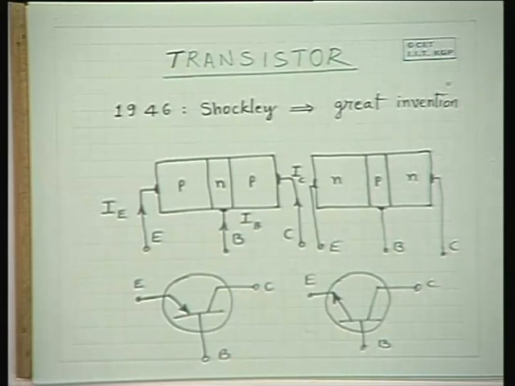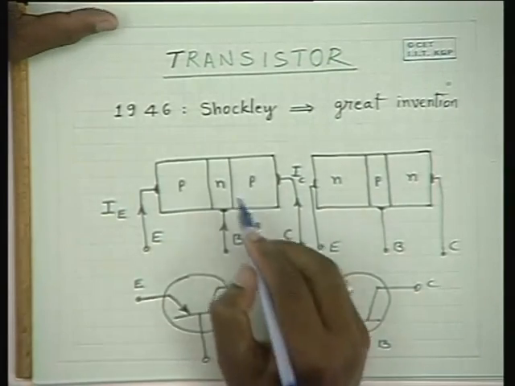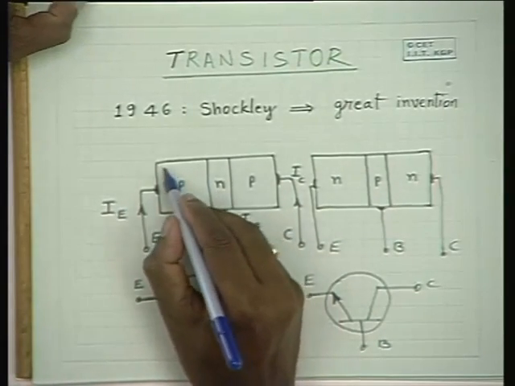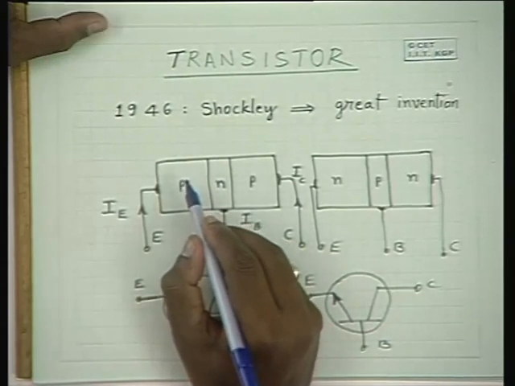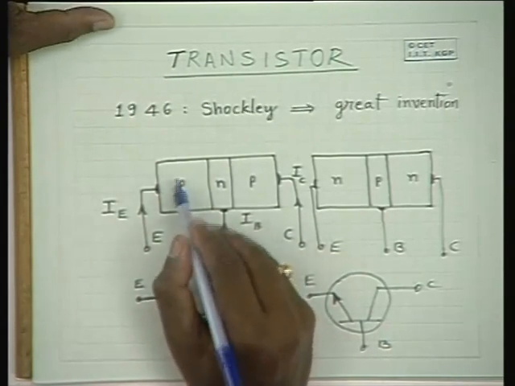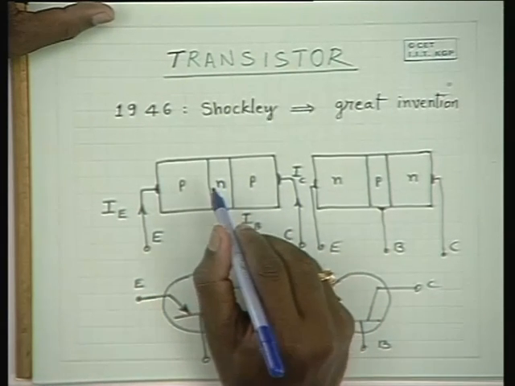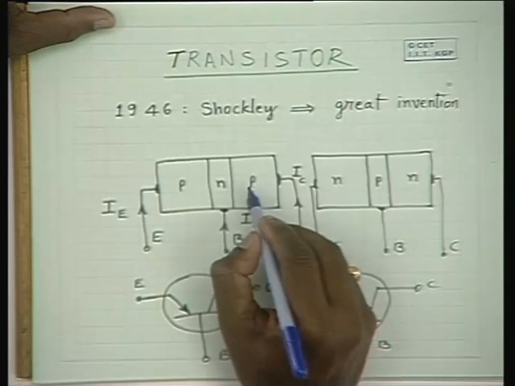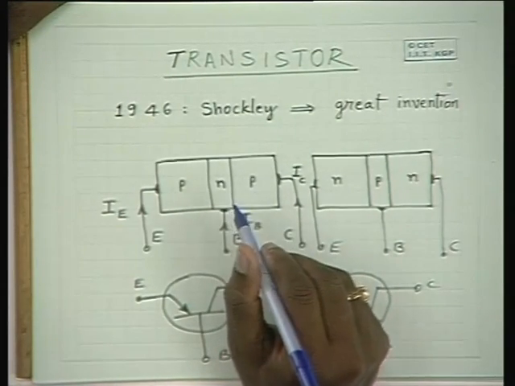Now a transistor is formed by taking doped semiconductors. Usually the p-type, which acts as the emitter, is doped with high concentration, and the base has intermediate concentration, and the collector is usually with low concentration.